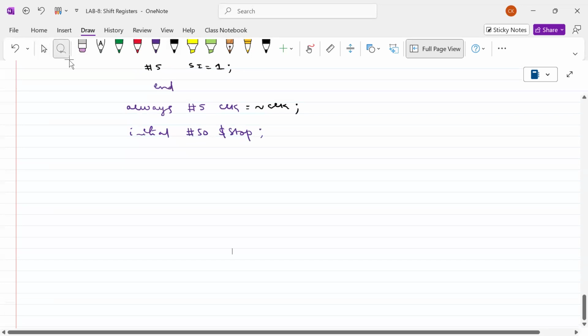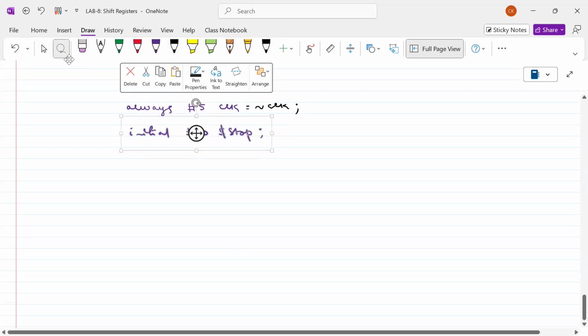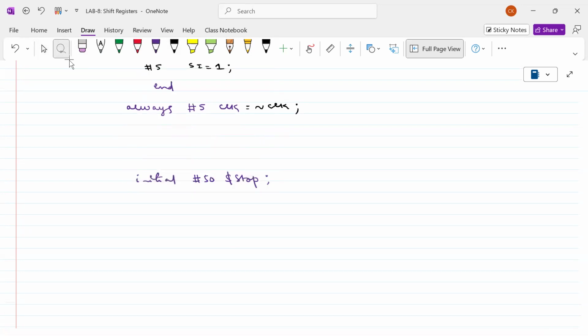Of course, before going to this $stop, what do we have to write? The block we have to write is the instantiation, right? What is the instantiation here? Serial in, serial out, shift left, 4-bit underscore behavioral model. This is called M0, with RST, clock, serial in, and serial out.